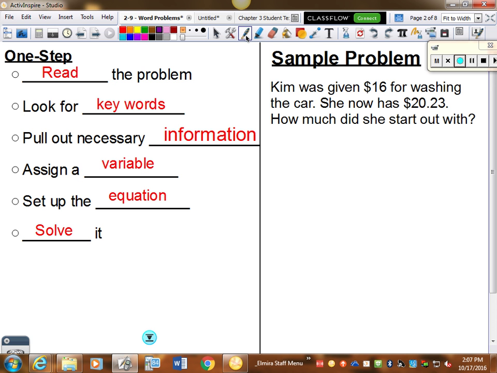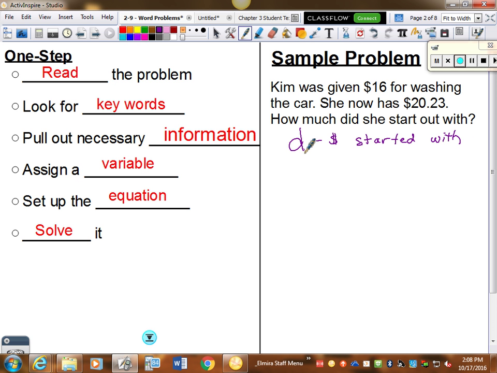So let's identify the variable. Here's what that means. How much did she start out with is our question. We're trying to figure out the amount of money she started with. So I'm kind of restating that question, just pulling out the basic information. And I'm going to make up a variable that makes sense. So I might use D for dollars.